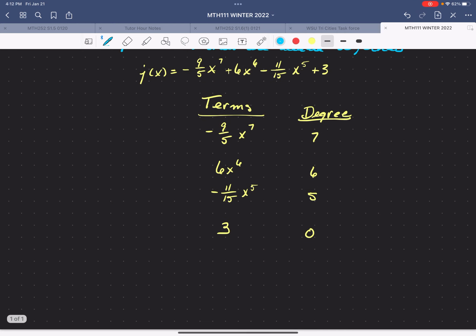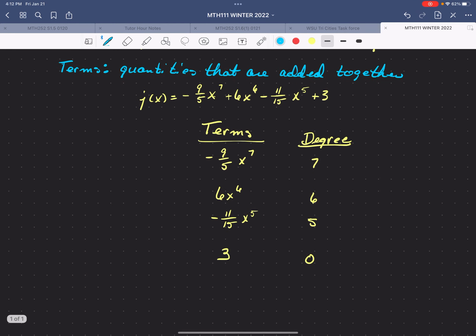Now the leading term is the term that is of highest degree, regardless of where it occurs in the polynomial.